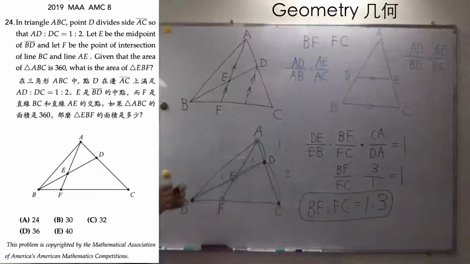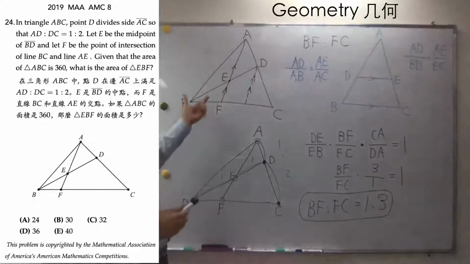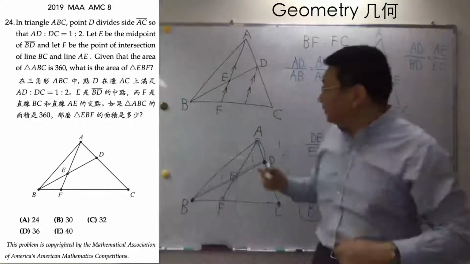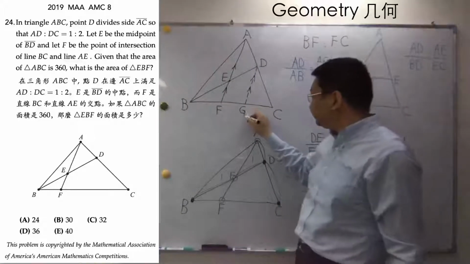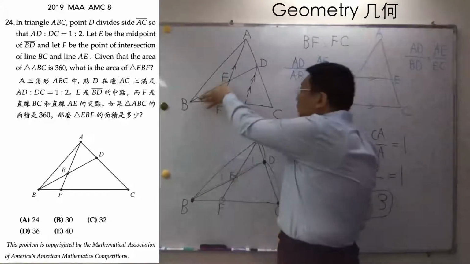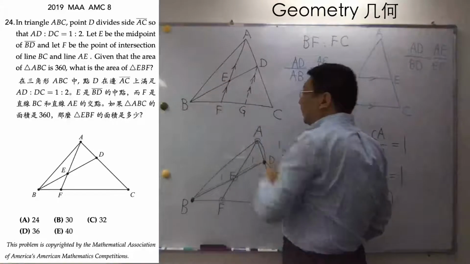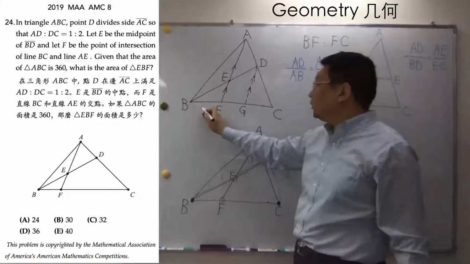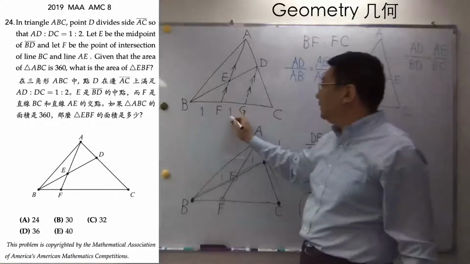Then what happens? BE equals ED. If we name this new point G, we know this ratio would translate down to here. So BF versus FG is 1 to 1.